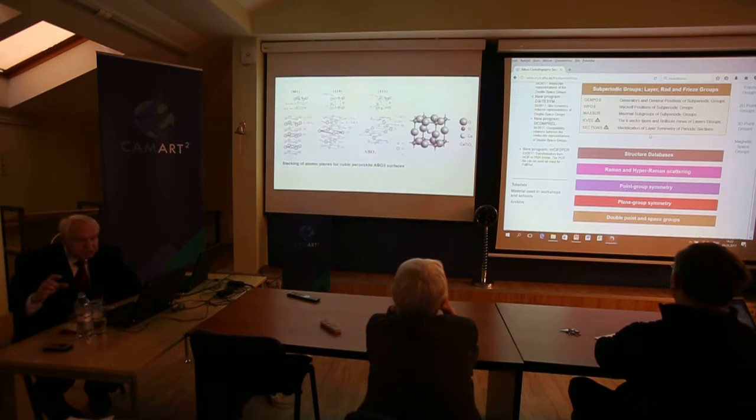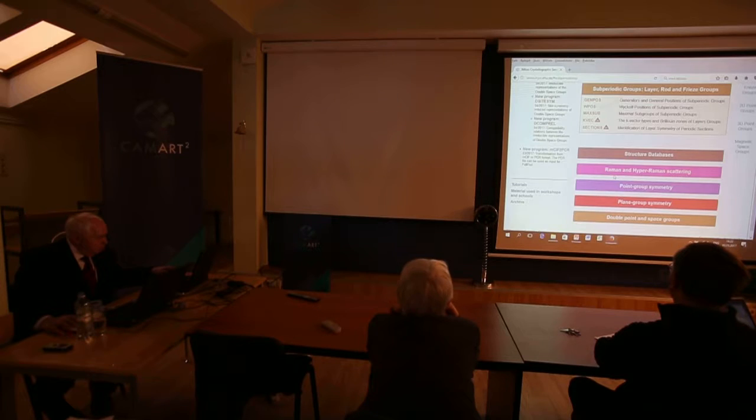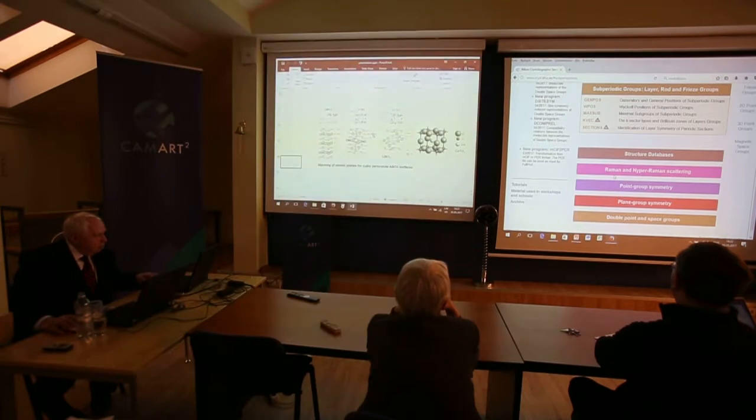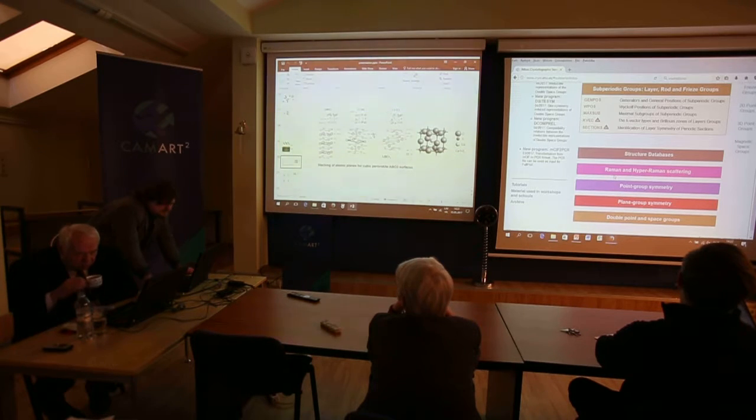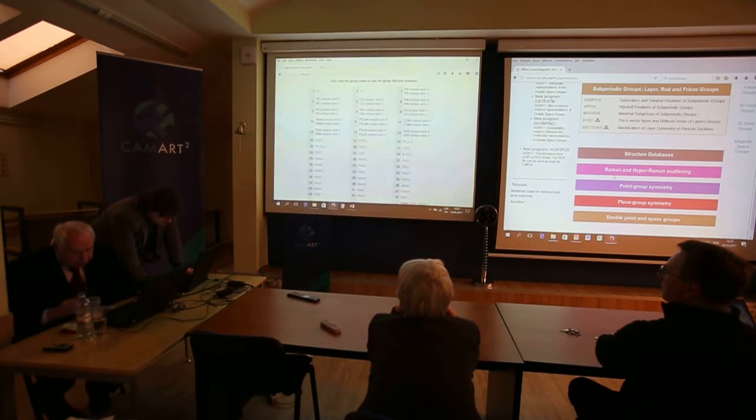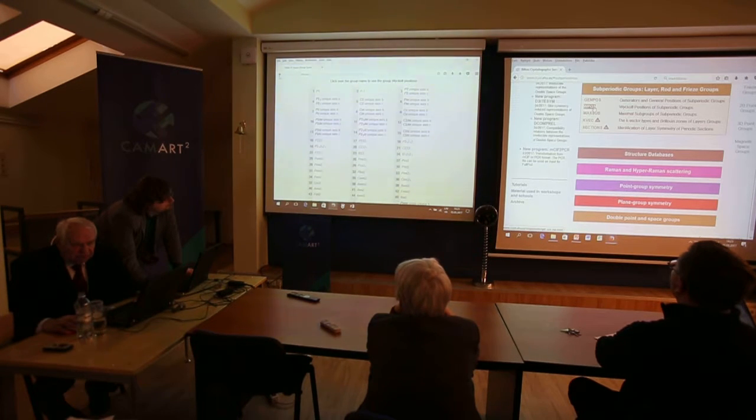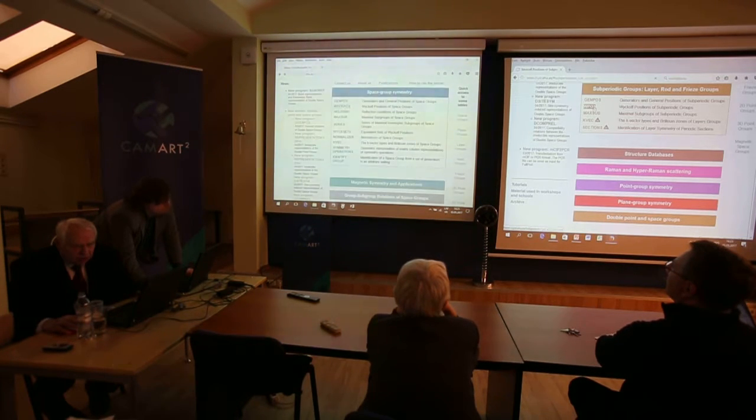In the three-dimensional case, this is normal periodicity, but you know what happens here. So let's see the Wyckoff positions of subperiodic groups.